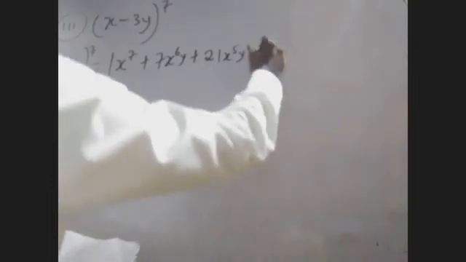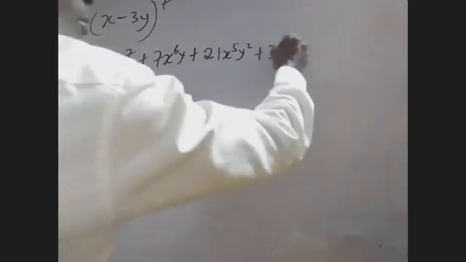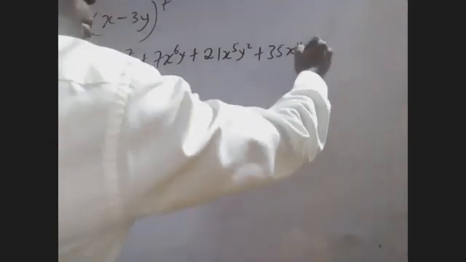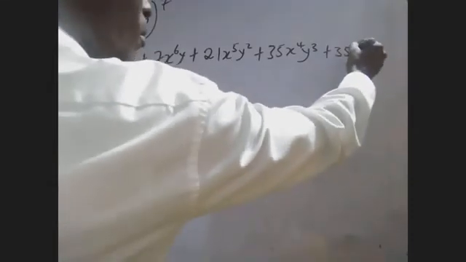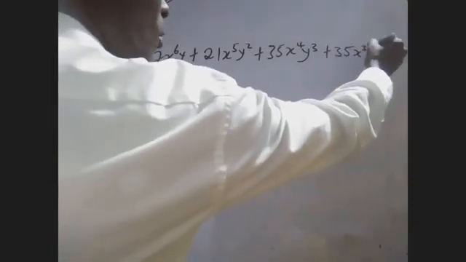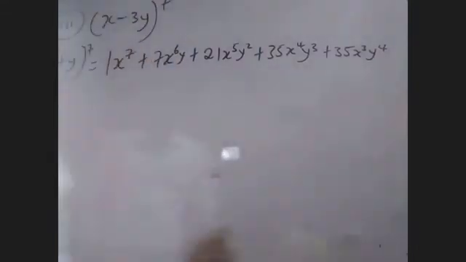plus 21s^5 y^2, then plus the next one, 35s^4 y^3, plus another 35s^3 y^4.